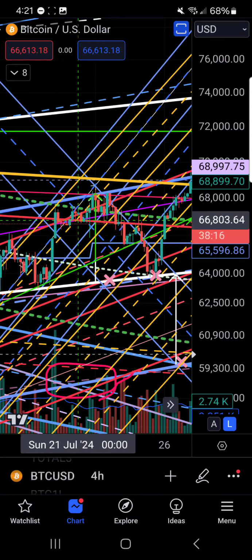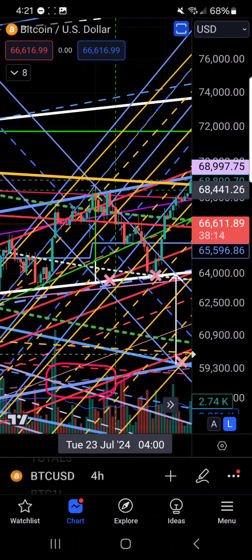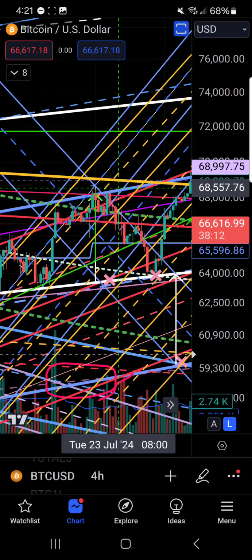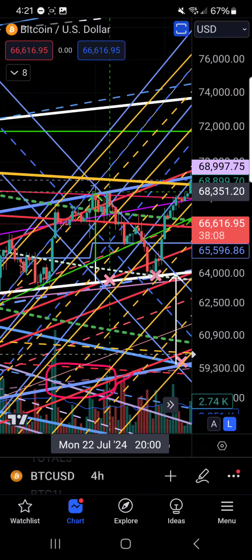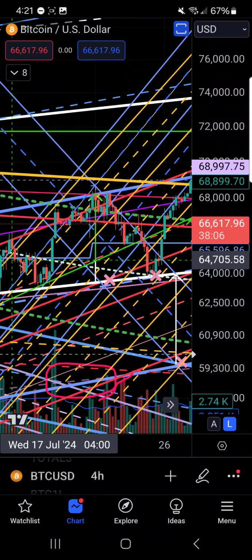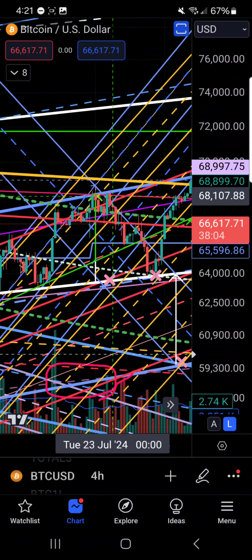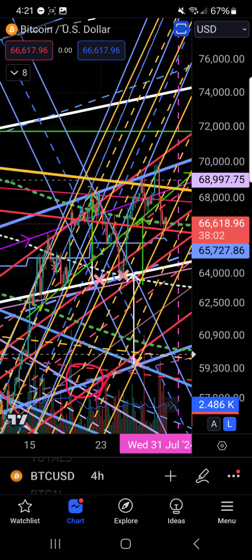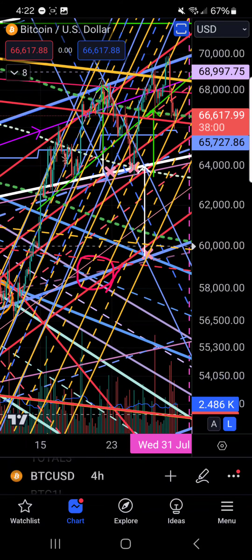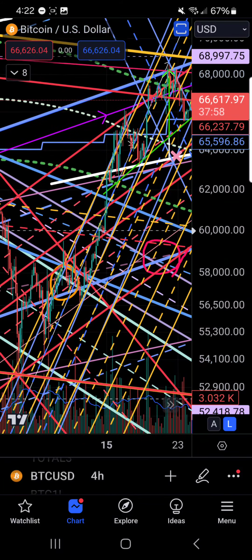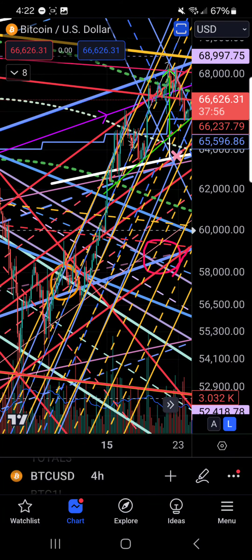So yeah, this purple line held as support here. The blue line is the top of this channel and also this red channel. So we are traveling in all these different channels just depending on how you look at it.